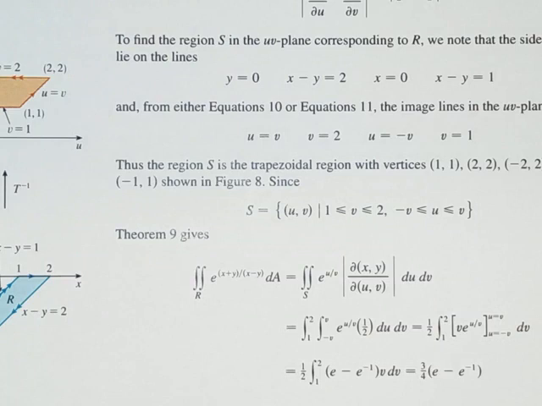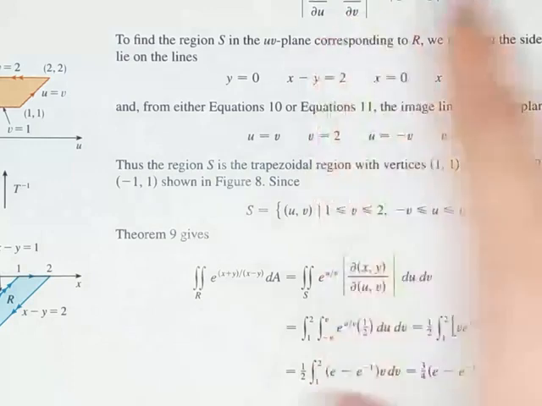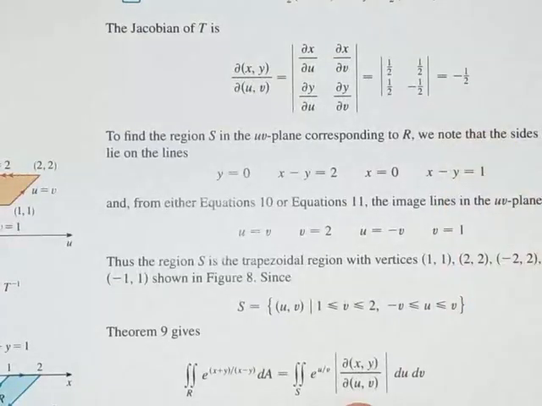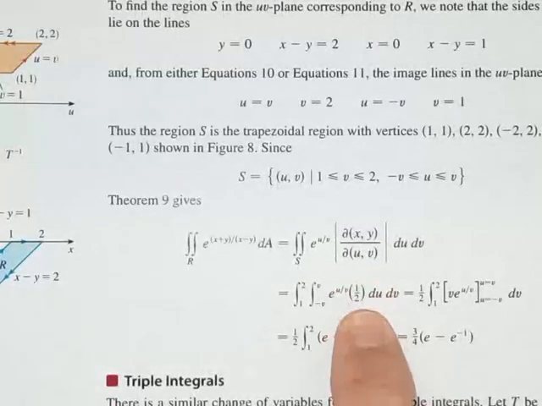But it works, as long as I can find that Jacobian. You'll notice that Jacobian is negative, but down here there's an absolute value, so I end up with a positive 1/2 inside my integral. Holy moly.